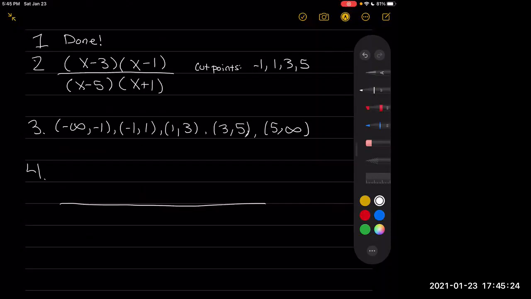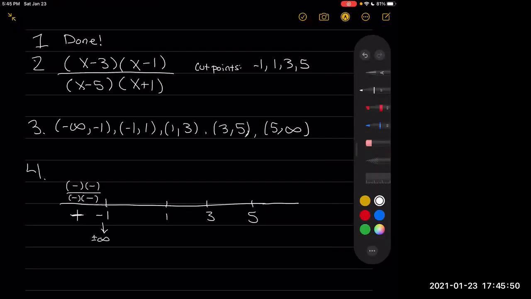So we will have -1, 1, 3, and 5. So just quickly running through, we will get a negative, negative over a negative and a negative. So this becomes positive. -1 is a vertical asymptote. So just recalling that, that'll go to infinity.